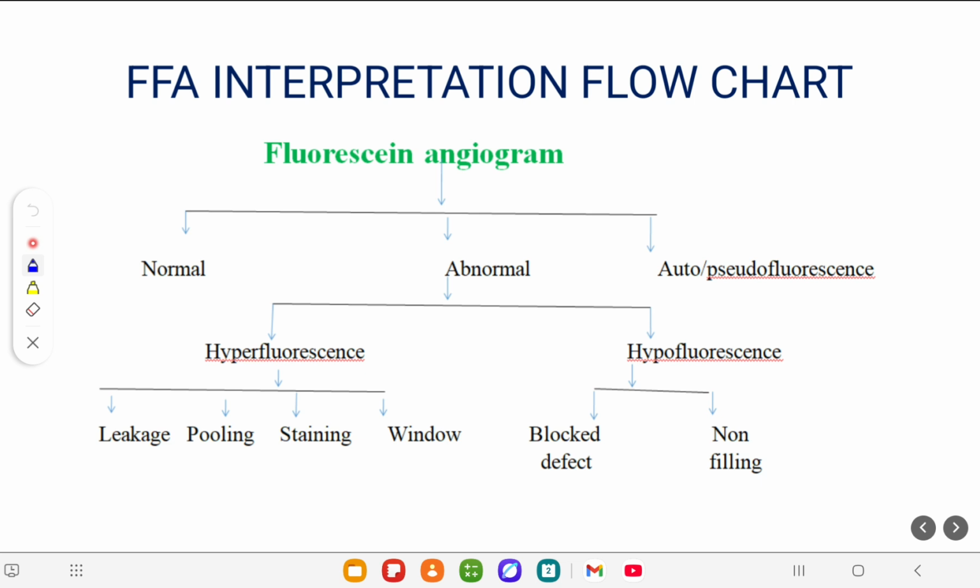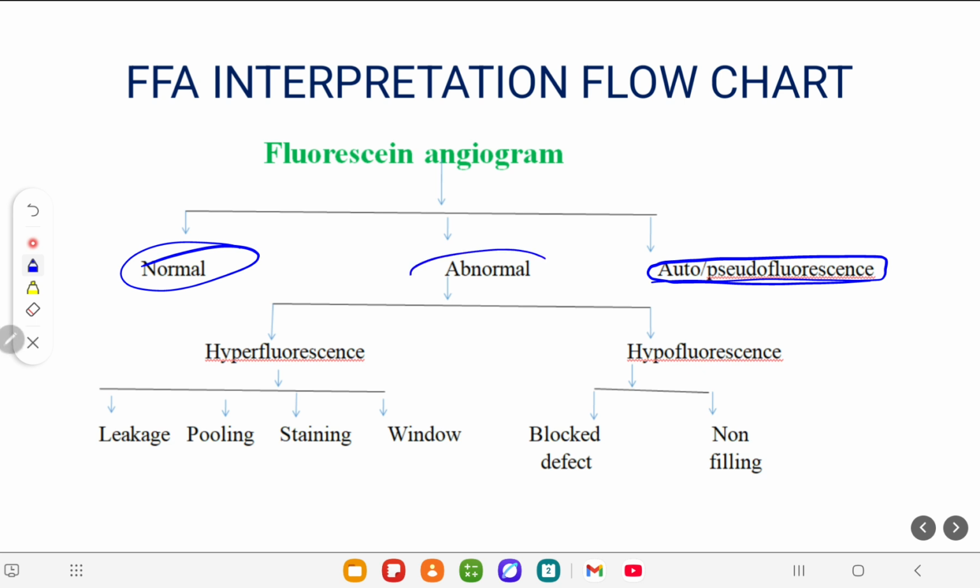See, normal is normal. We have discussed about the normal. Then there is autofluorescence and pseudofluorescence, which we have talked about. If it is not the optic nerve head or sclera, then autofluorescence and pseudofluorescence should be taken into account. They're normal. Then abnormal means there are two patterns: hyperfluorescence and hypofluorescence. What do you mean by hyperfluorescence?